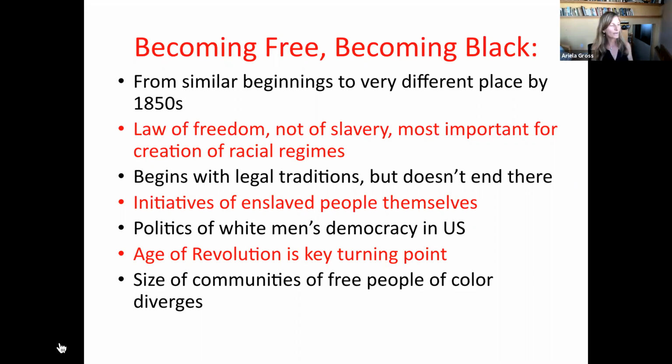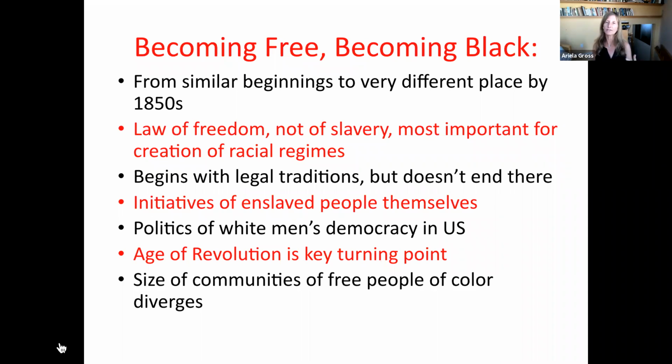They come with both social and legal precedents for drawing the connection between the category of Black and slave status, so they have a head start ideologically, legally, socially. But in all three places that race-making project gets well underway by the early 18th century, yet by 1860 they look very different.